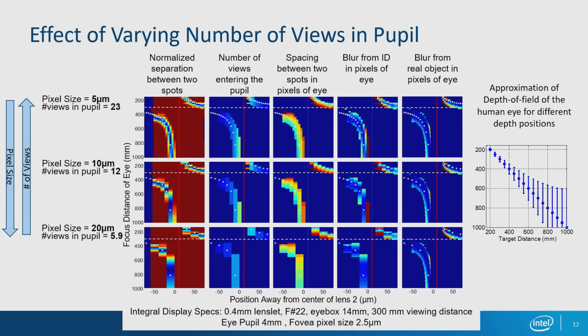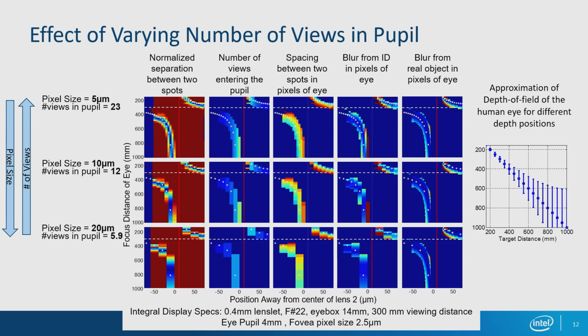It will have a continuous blur. But as I reduce the number of views, I lose that ability. In this case, all the out of focus edges I see will have a discontinuous edge. So here also about 12 views in this display is probably okay.